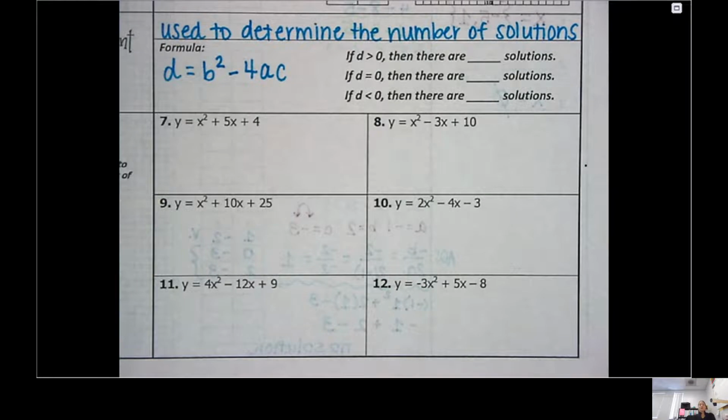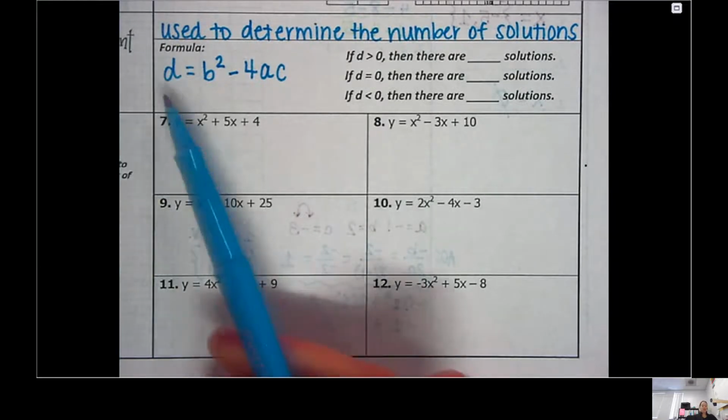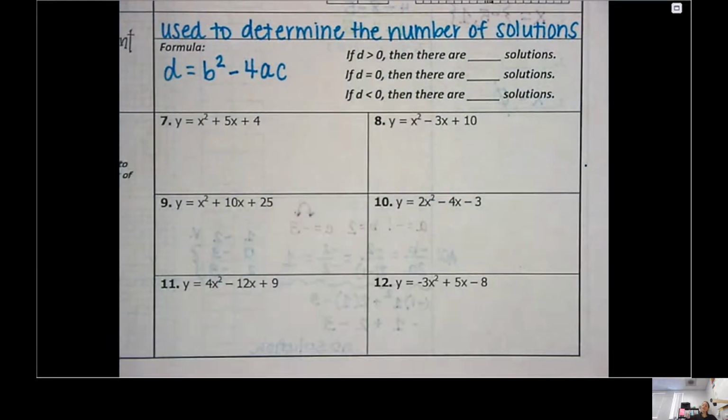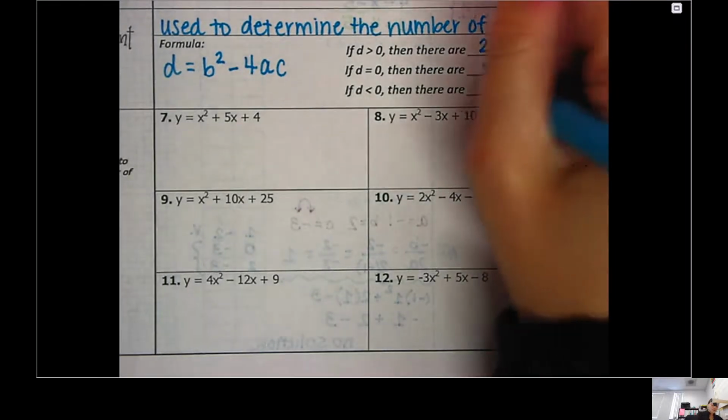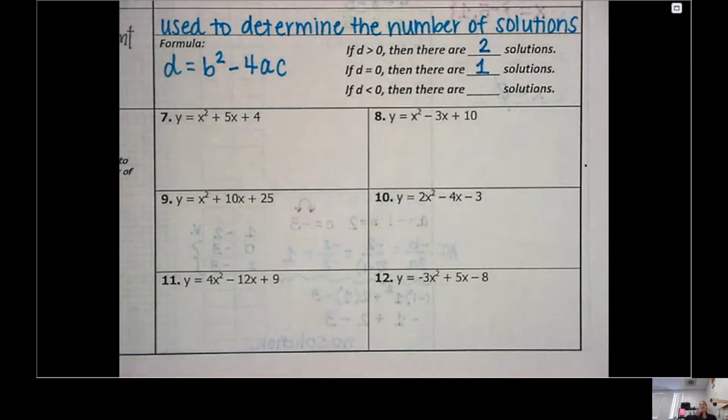If when you do this little equation, your D value is bigger than 0, so it's a positive number, that means there are two solutions. So your graph should cross the x-axis twice. If your D value is equal to 0, so it comes out to nothing, then there should be one solution. So it'll cross the x-axis one time.